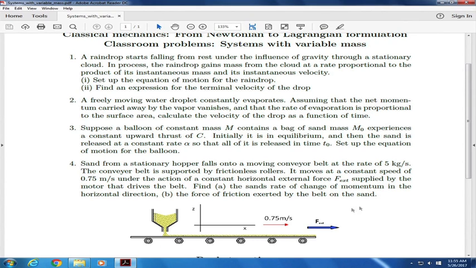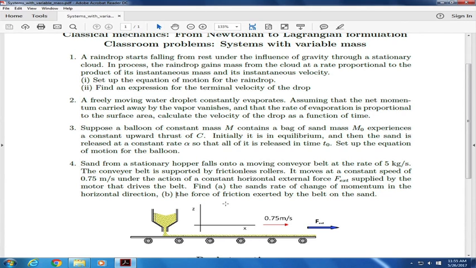It moves at a constant speed of 0.75 meters per second under the action of a constant horizontal external force F external supplied by a motor. We have to find, in A, the sand's rate of change of momentum in the horizontal direction, which is along the x direction, and in B, the force of friction exerted by the belt on the sand.